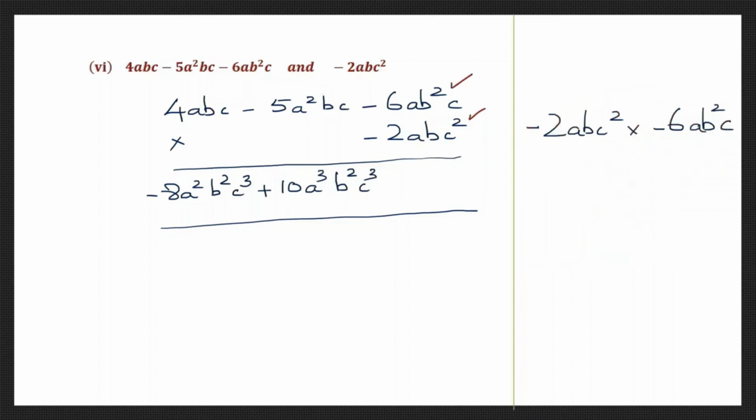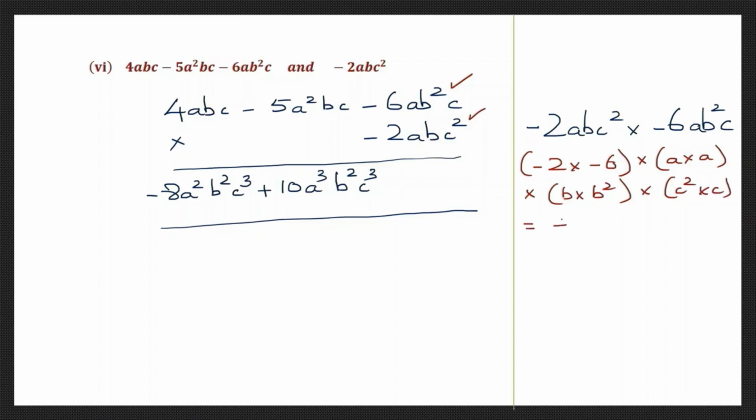Now let's multiply these two terms. So the numbers are minus 2 into minus 6 into a into b square into c square into c. Let's multiply.